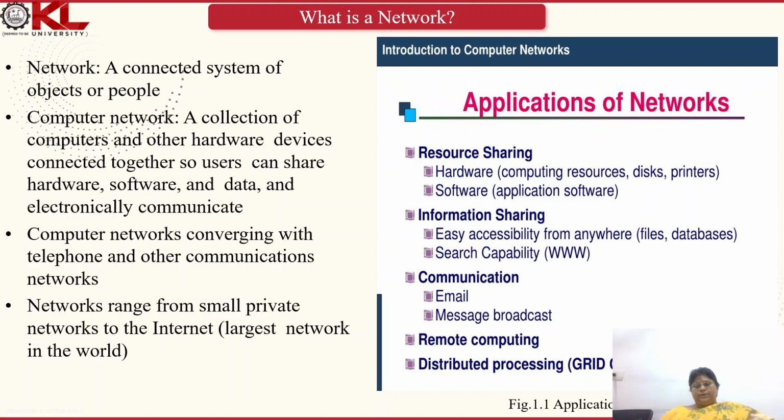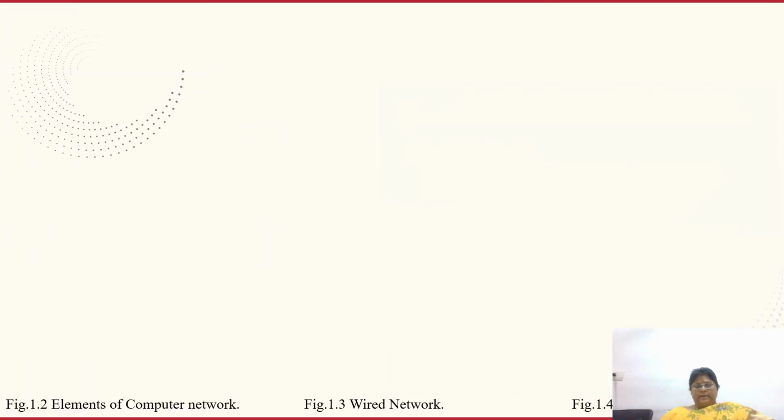A computer network is a collection of hardware devices, computers and other devices which are able to share information such as hardware, data, video, audio, whatever it may be, in an electronic form. Computer networks are converging with telephones and other communication networks. These networks range from small private networks to the bigger internet, right?